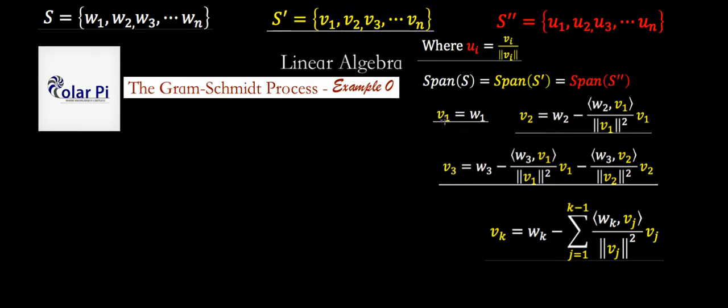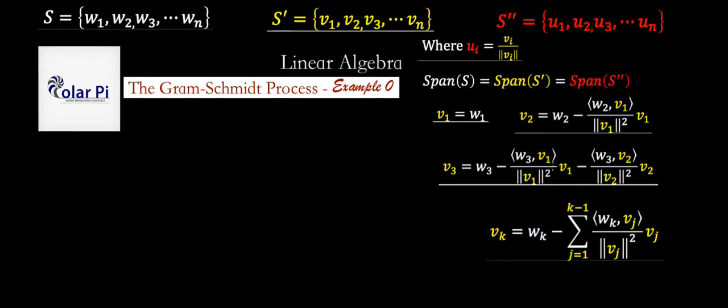Now, the big formula is right here for finding the V vectors from the W vectors. This formula starts with first setting V1 equal to W1, and applied to the case of V2, it would look like this, and then V3 it would look like this, and clearly V4 would have one more vector being subtracted, right?